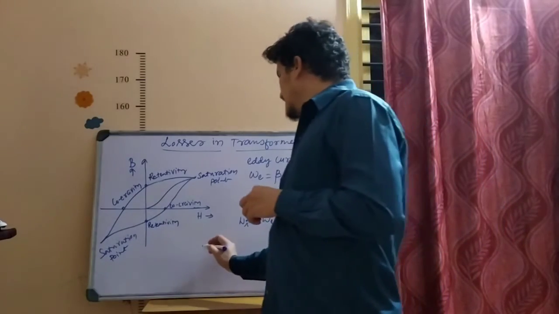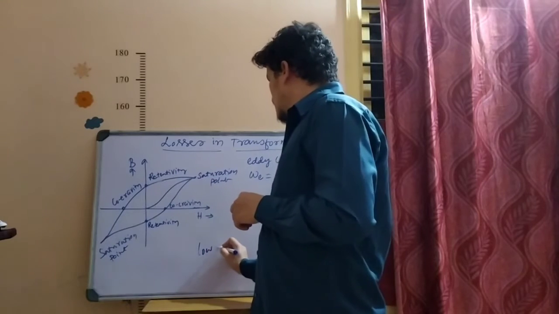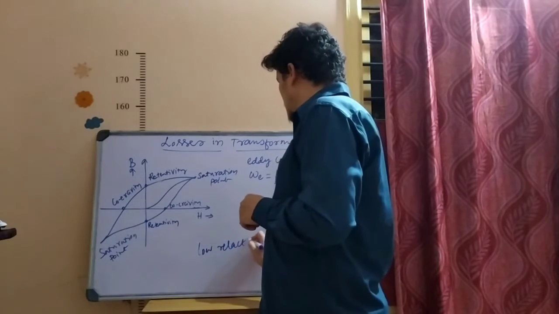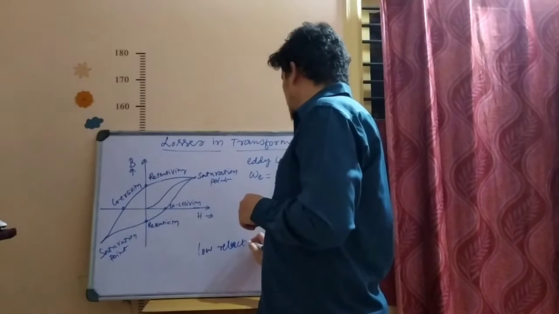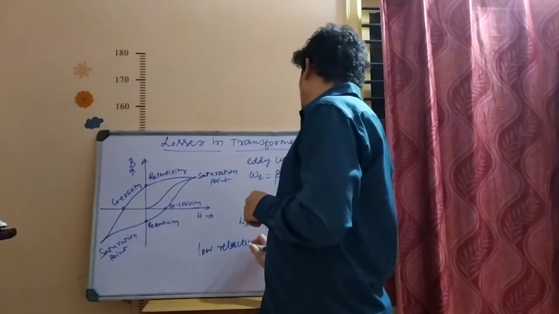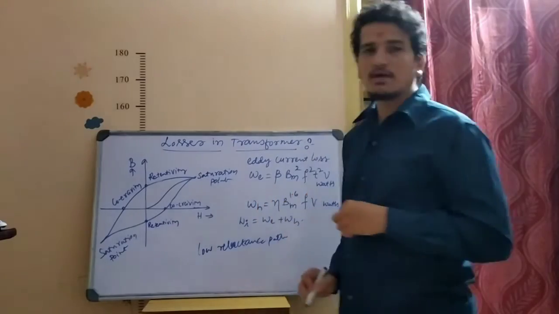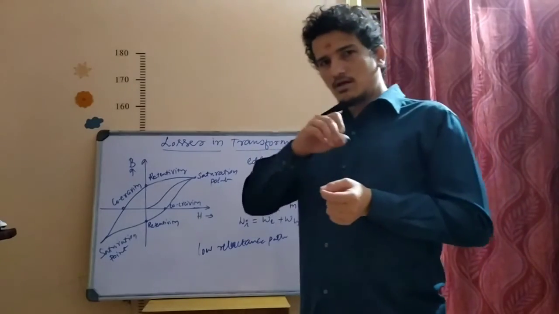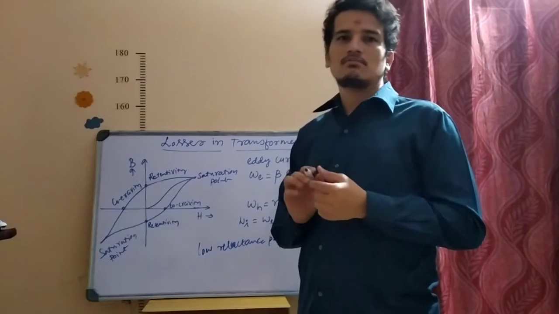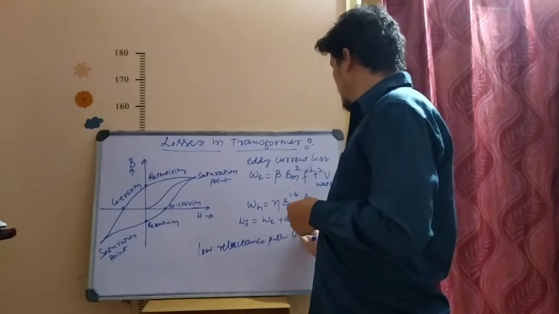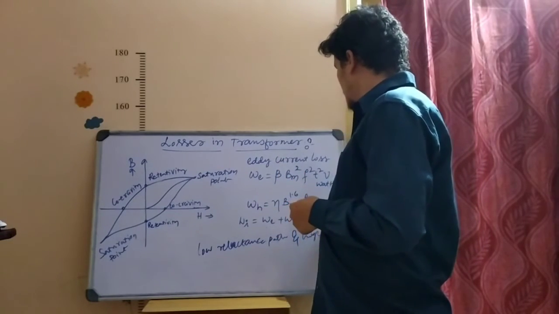That will provide a low reluctance path for the magnetic field, and it will have a high permeability.